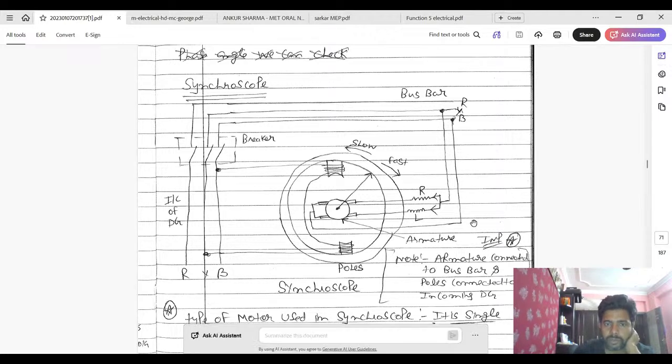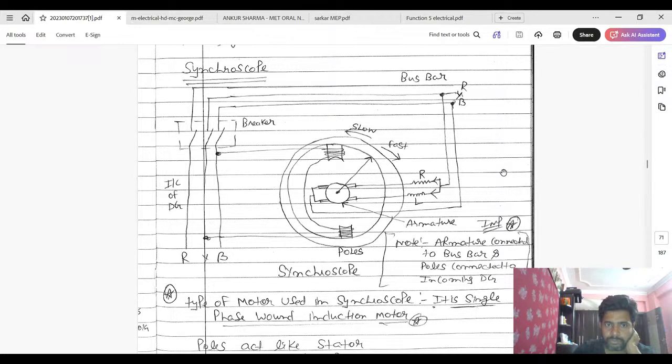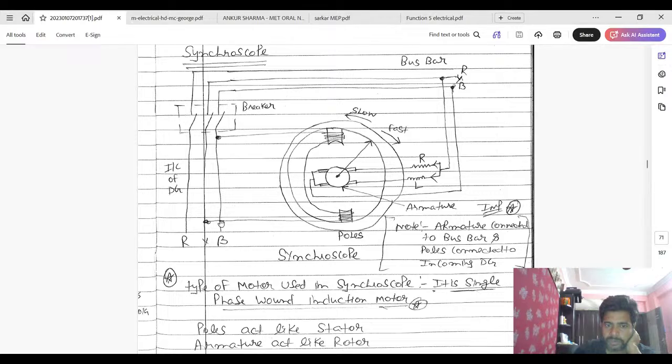Now this is a synchroscope. Function is very simple. R, Y, B: we have two connections coming from the incoming DG, which go to the poles of the synchroscope, and two lines from the bus bar.